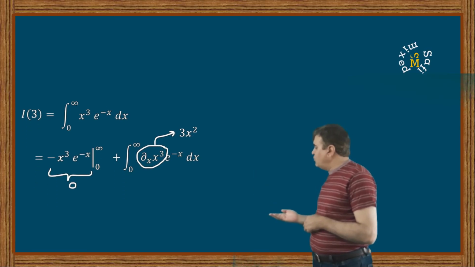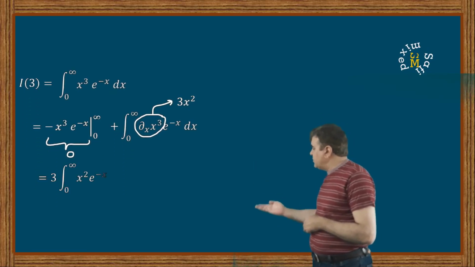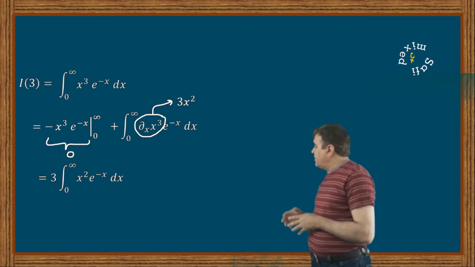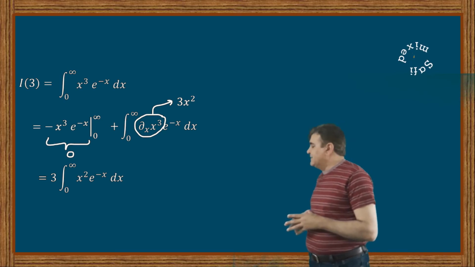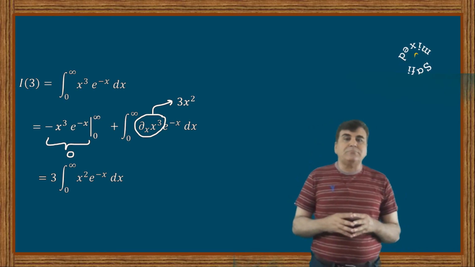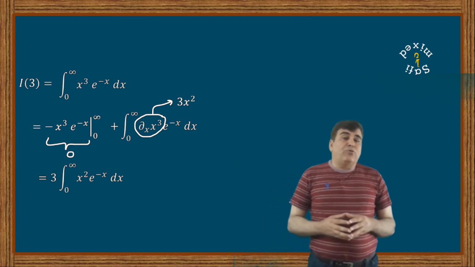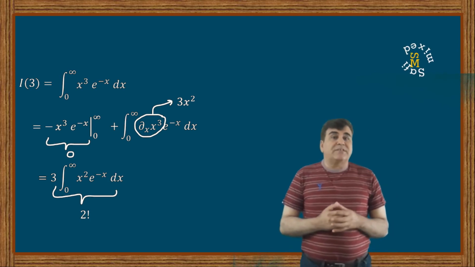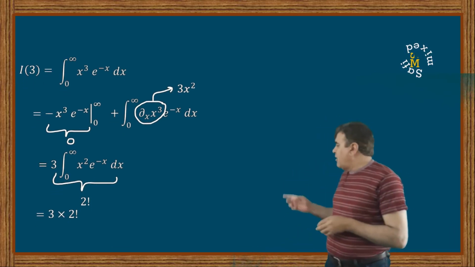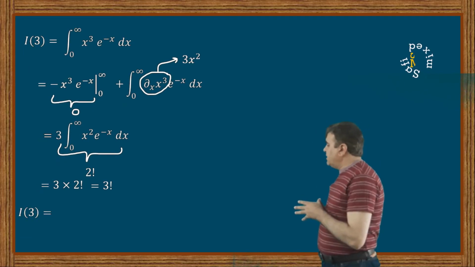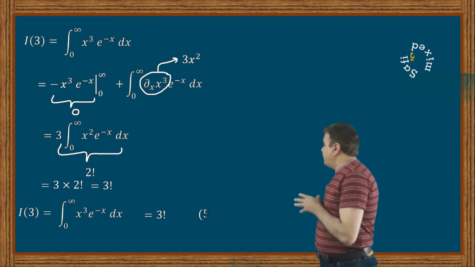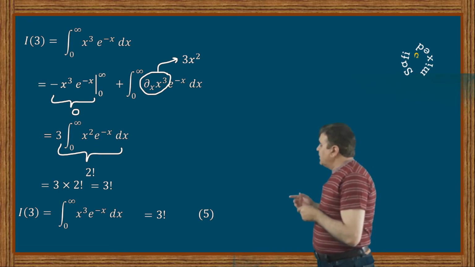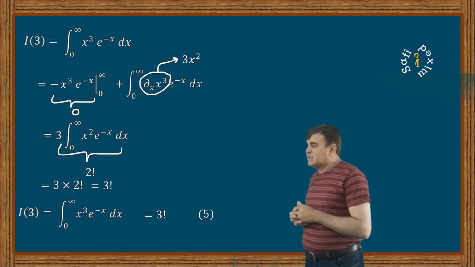Substituting all these values, I can reduce the integral to I3 equals 3 times integral from 0 to infinity x squared exponent minus x dx. And from equation 4, the integral in this relation equals 2 factorial. Substituting that value, I can write I of 3 equals 0 to infinity x cubed exponent of minus x dx equals 3 times 2 factorial, which can be written in the form of 3 factorial.